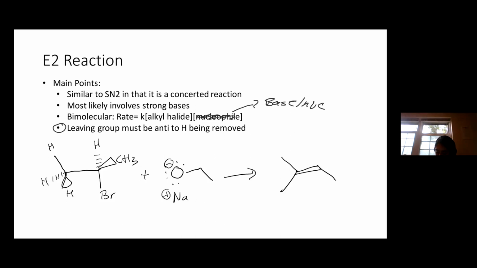If we focus on this H as the one that's being removed, and the leaving group right here, they're on the same plane, but they're anti to each other. In the case that you can't have them be anti to each other, then this reaction won't occur. We're going to look at the mechanism to go into more detail on why this is important. Are there any questions so far before we go into the mechanism?